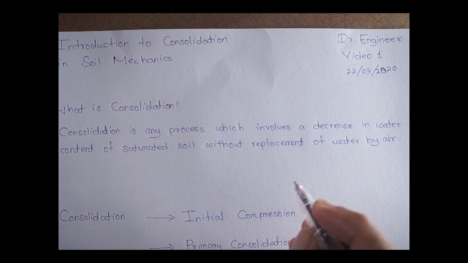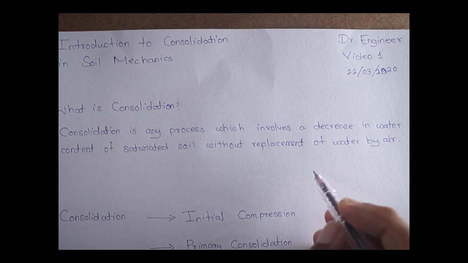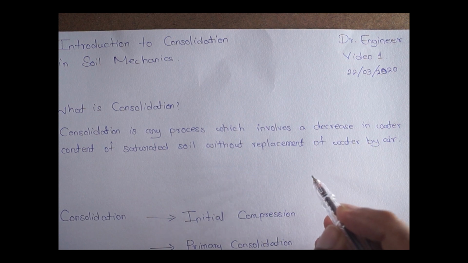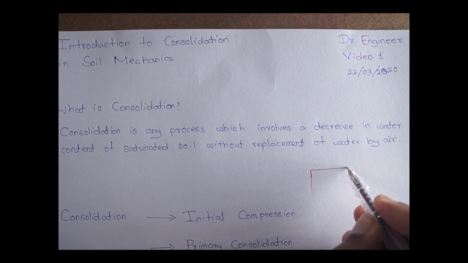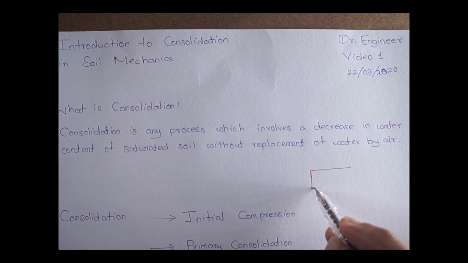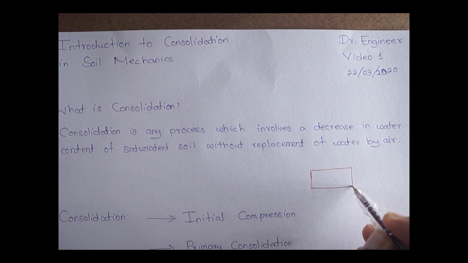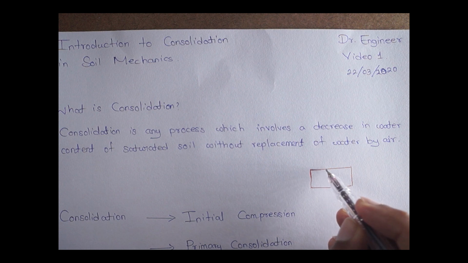When we apply a load on a soil sample, for example in a one-dimensional consolidation test, the soil has three phases, that is the water, air and the solid phase.